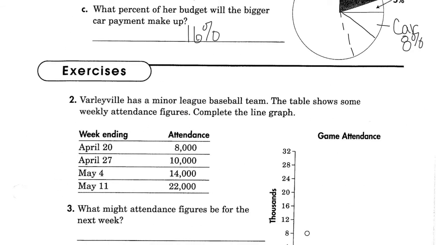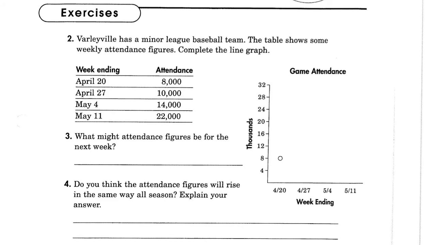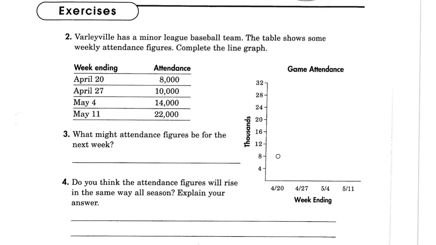Then you're going to come down here to the exercise, and you have to plot your points on the graph. And then it says, what might the attendance figures be for next week? Now, I'm going to do this here. That means about. So if you give me a number and you have those little squigglies in front of it, it means about.